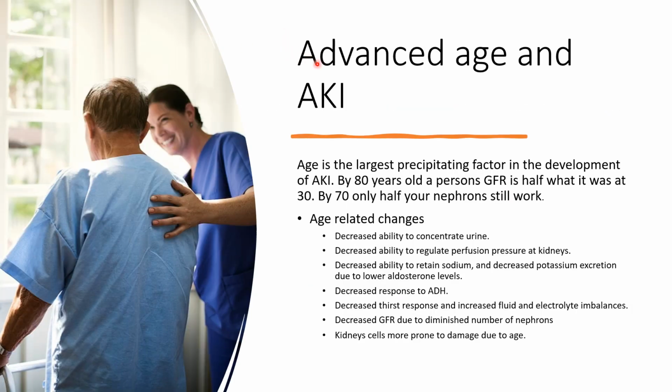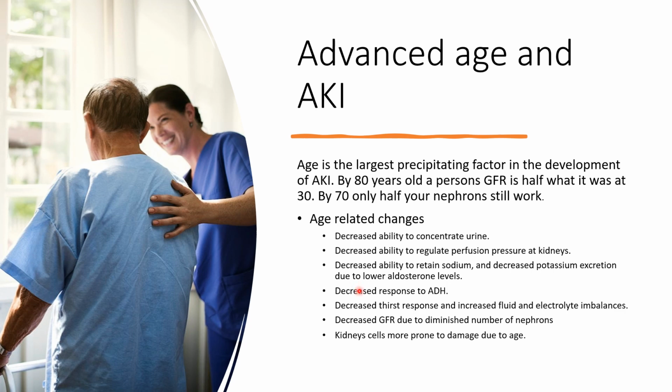Now we're going to look at advanced age and AKI. So age is the largest precipitating factor in the development of AKI. So by 70, only half your nephrons still work, and by 80 years old, a person's GFR is half what it was at 30. Some age-related changes include decreased ability to concentrate urine, decreased ability to regulate perfusion pressure at the kidneys, decreased ability to retain sodium, and decreased potassium excretion due to lower aldosterone levels.